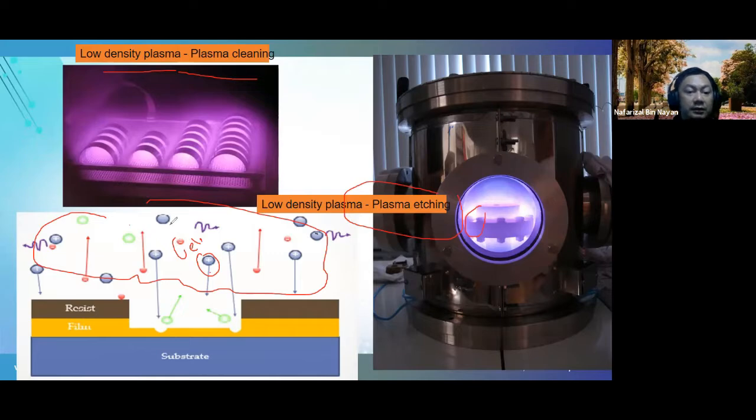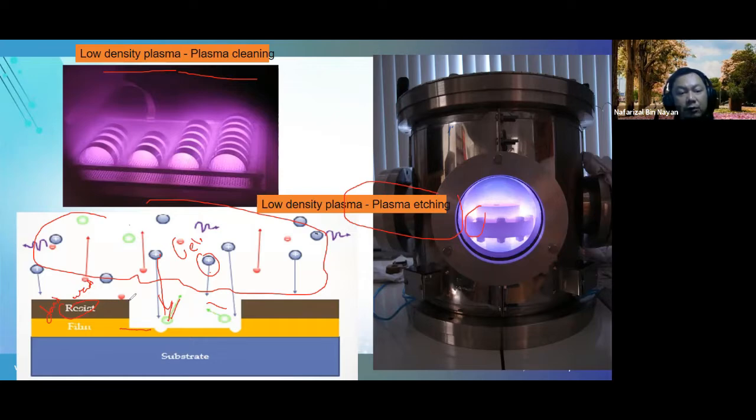Then the ion will hit the material of the film, for example, and it will remove that. The resist is an area that we don't want to remove. So we put some cover, some blanket.